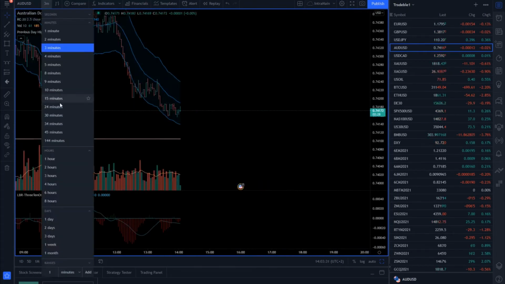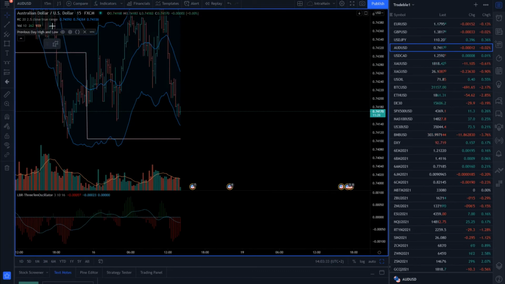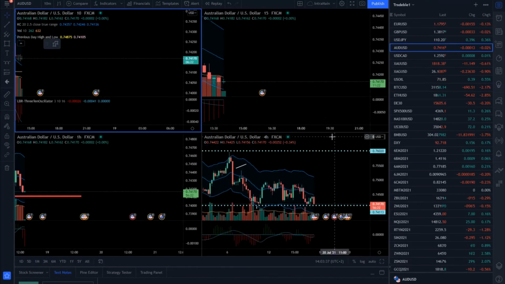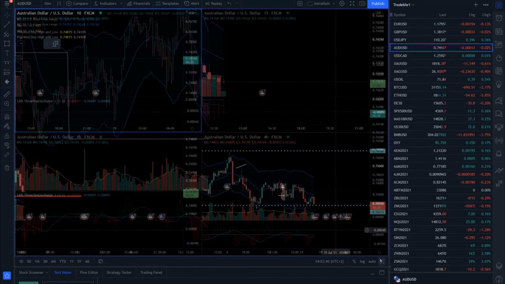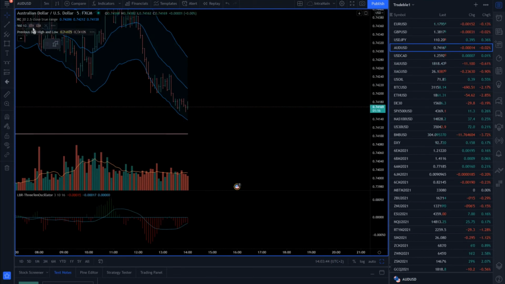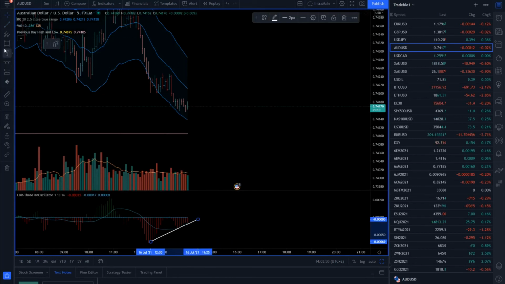I'll also show you that on the lower frames, like the 15-minute time frame. You see that we're building a divergence here. There's an obvious bull divergence on momentum, which can cause the beginning of a rally.